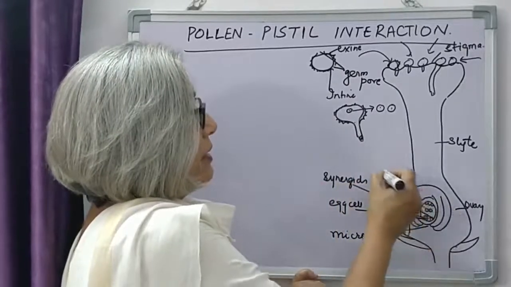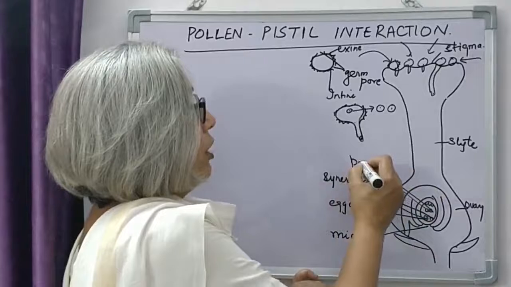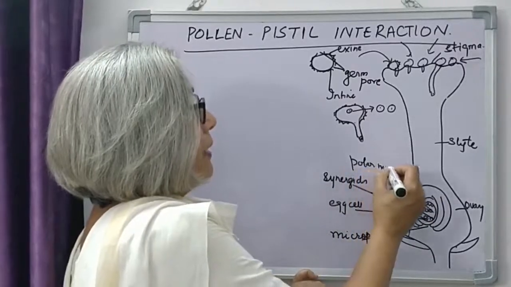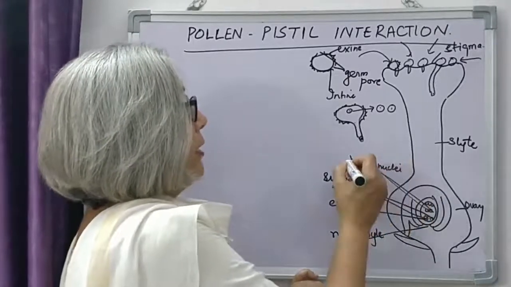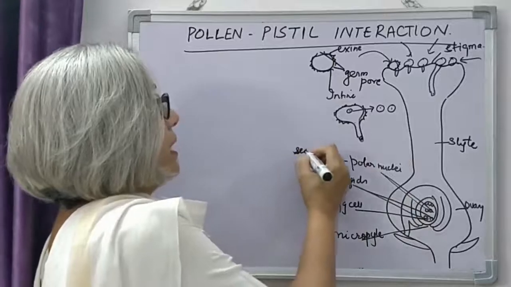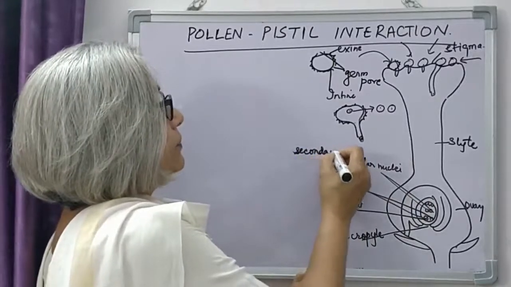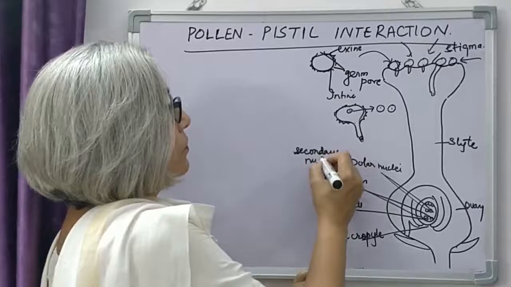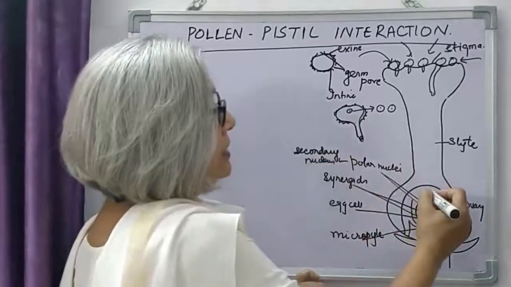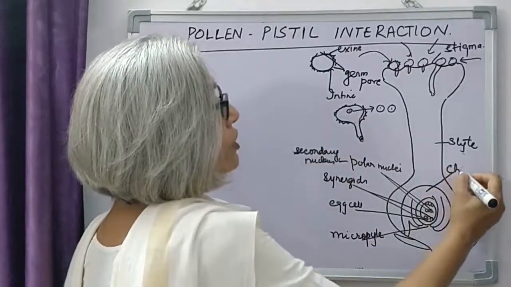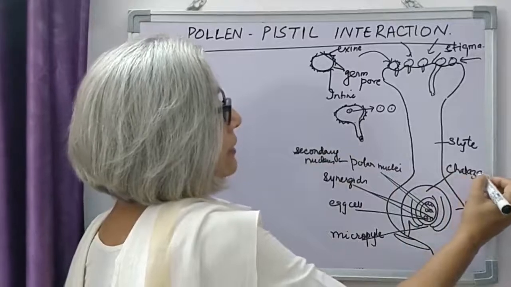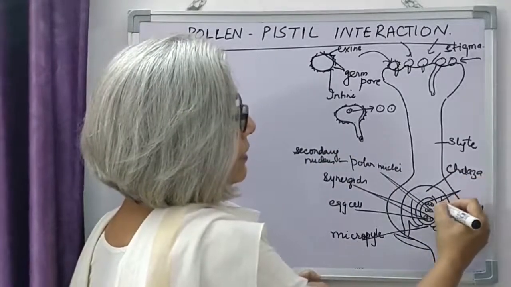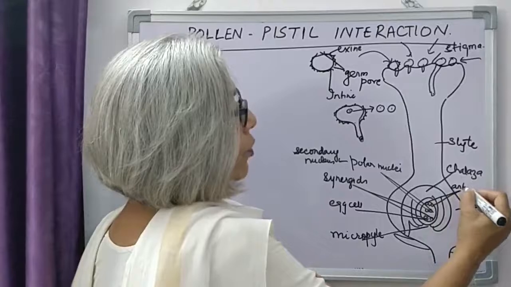In the center there are 2 polar nuclei, and these polar nuclei then fuse to form the secondary nucleus. This end of the ovule is called the chalaza, and the 3 cells here are the antipodal cells.